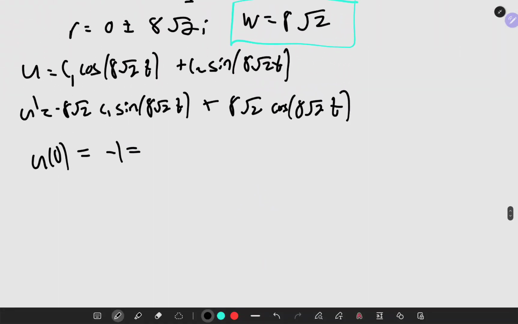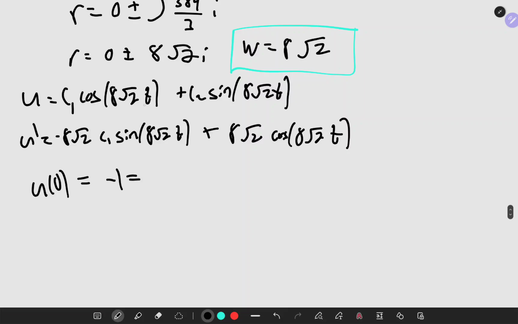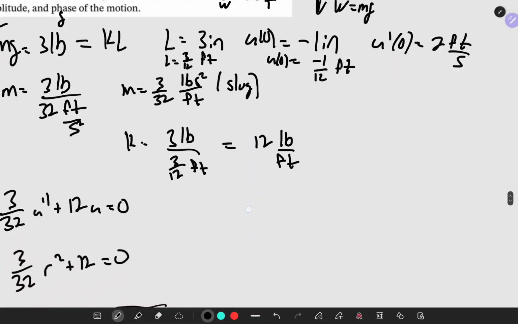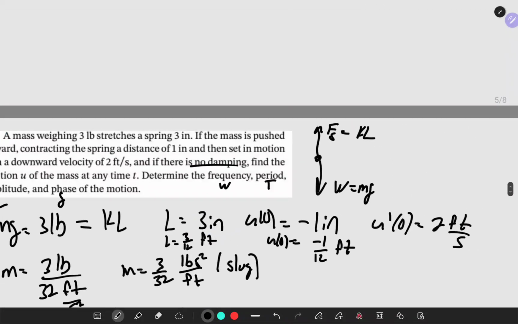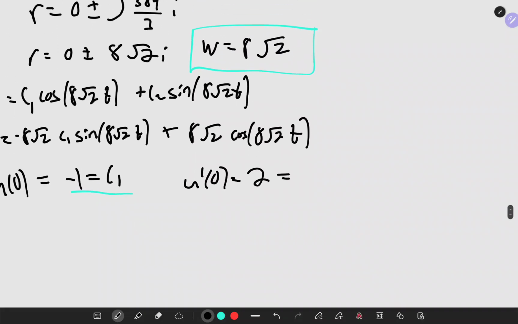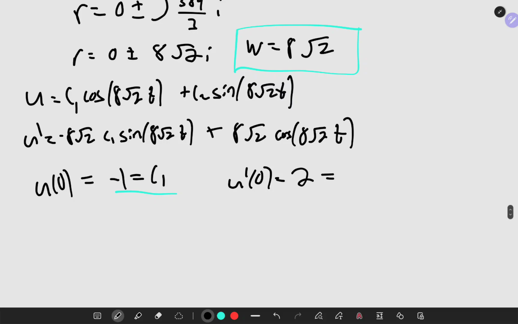Is equal to, if we plug in 0 up here for t, this becomes 1, this becomes 0, so c1 is negative 1. u prime of 0, I think it was 10, no, 2 for this one, is equal to, that's in feet, right? Okay, good. 2 is equal to, this becomes 0, this becomes 1.